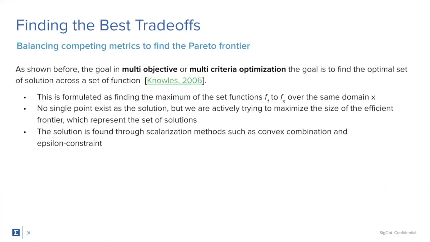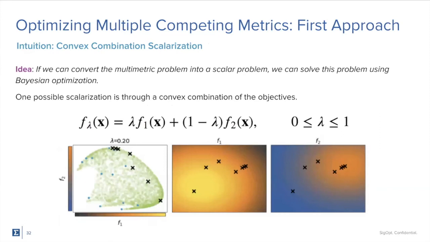So again, in the interest of time, I'll not dig into this, but there are a lot of references that talk about how these things are done. I will recommend digging into it. But in order to give you a little bit of intuition, the most simple way in which you can do multimetric optimization is through what is called convex combination scalarization, where, as we talked about before, we're trying to maximize a single metric.